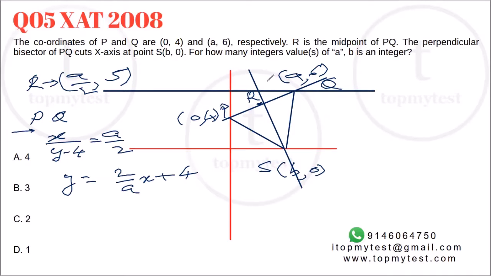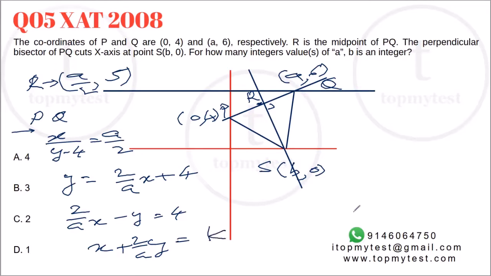Now the equation of RS. RS is perpendicular to PQ. So if I rewrite this, you'll get (2/a)x minus y equals 4. So the equation of RS will be: interchange the coefficients of x and y and change the sign of one of them. So you'll get x plus (2/a)y, let's make this positive, equal to some constant k.